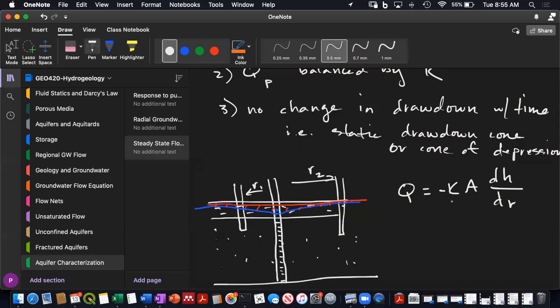All right. Now, what is the area across which this flow is occurring? Remember, flow is coming from all directions around this well. So what is the area across which the flow is occurring? Close.